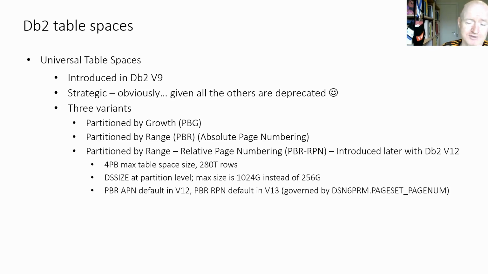They were introduced in version 12, but they were optional, I would say, in version 12. The default was the absolute page numbering, the older one. But with version 13, the relative page numbering is now the default. It is governed by a ZPARM, so you can change the default if you like, but unless you do something actively, you'll get an RPN in version 13.